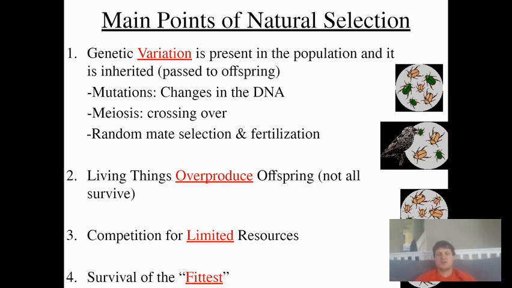They are not the strongest, not the most intelligent, but they are the ones most equipped to survive their environment. So again, we can see over time, notice how our green bugs are no longer present. And that is just evolution by natural selection. Those that are better equipped to survive will be able to survive as well as reproduce.